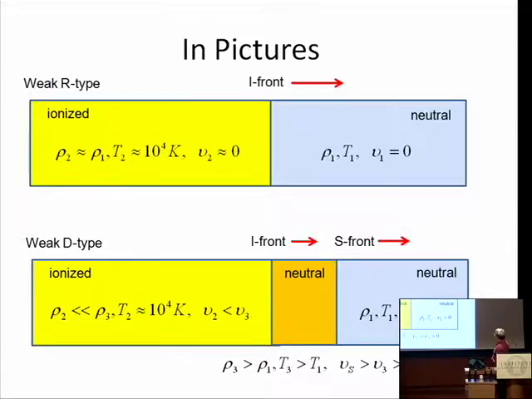So here you have cold neutral gas, here you have shocked, warmed neutral gas, and then this shock has basically created the right upstream conditions for this I front to sit there and connect the states.